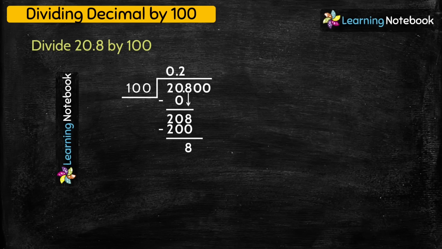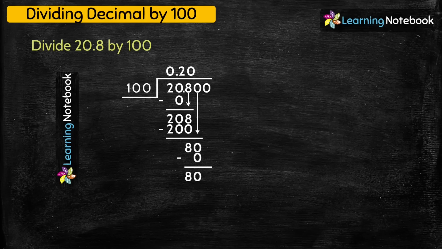So copy next digit 0 and now we have to divide 80 by 100. But 80 is smaller than 100. So we will do 100 into 0 equals 0. And 80 minus 0 equals 80.